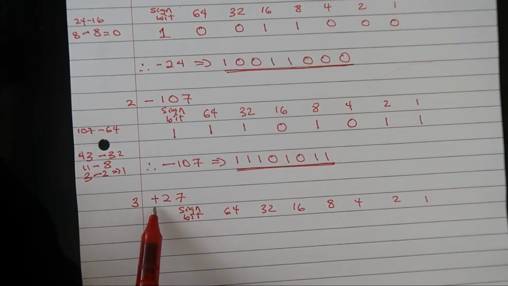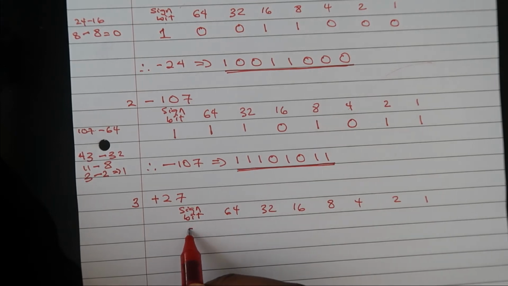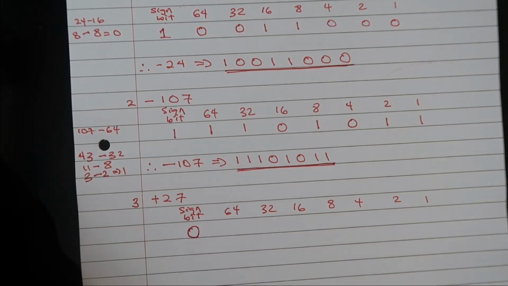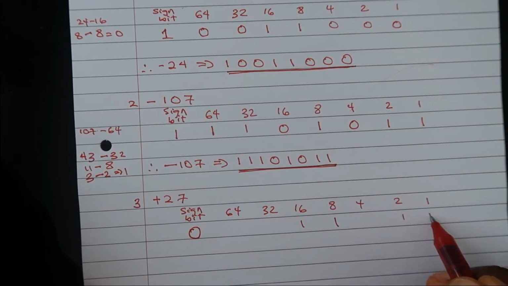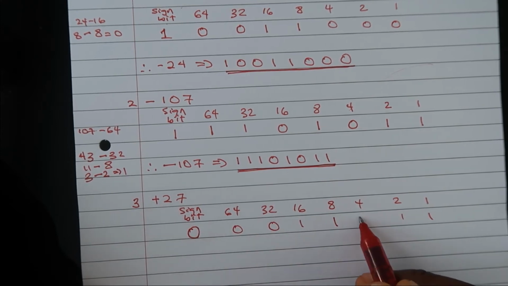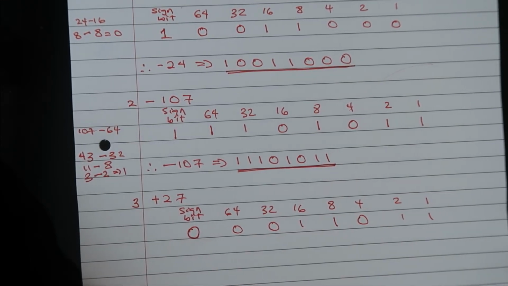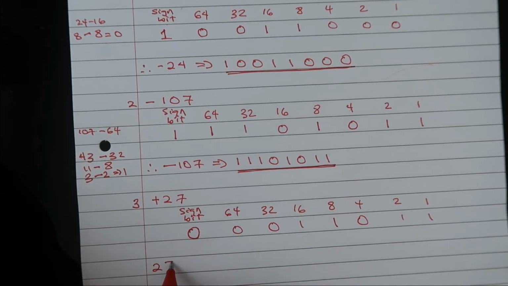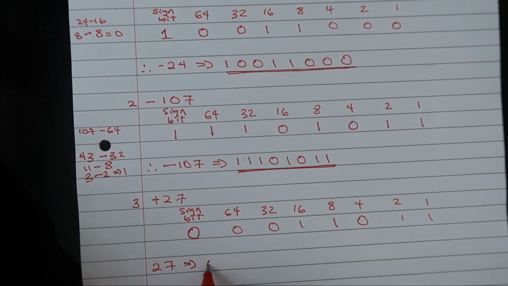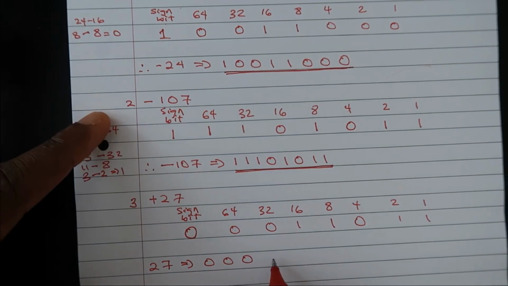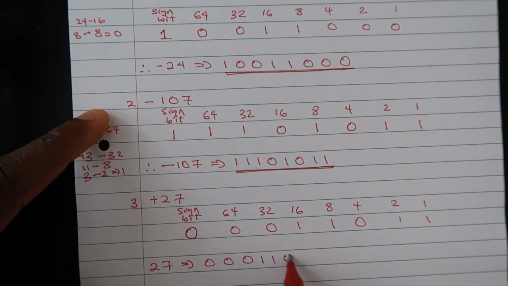Now the sign here is a positive value, which means it should begin with 0, and then we convert 27 to binary, and I know to get 27 I only need the numbers 16, 8, 2 and 1. So 27 using sign and magnitude to binary is 0 0 0 1 1 0 1 1.